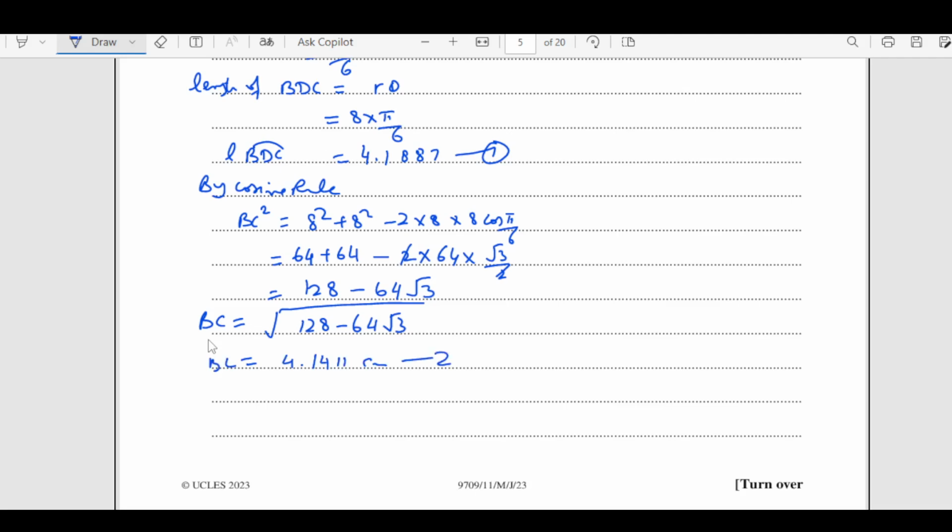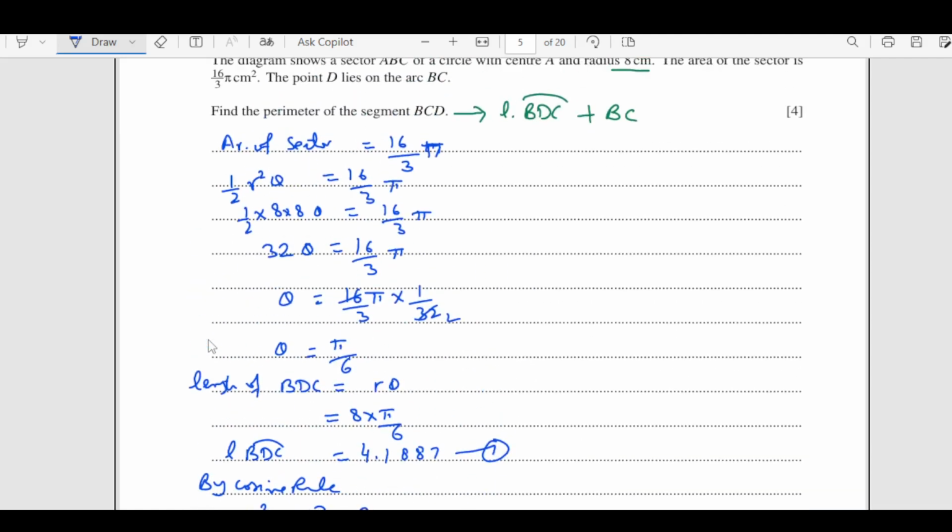This is, let's say, number 2. So we need both of them later. Now for the perimeter, we are going to add these two. The perimeter is going to be length of BDC plus BC.